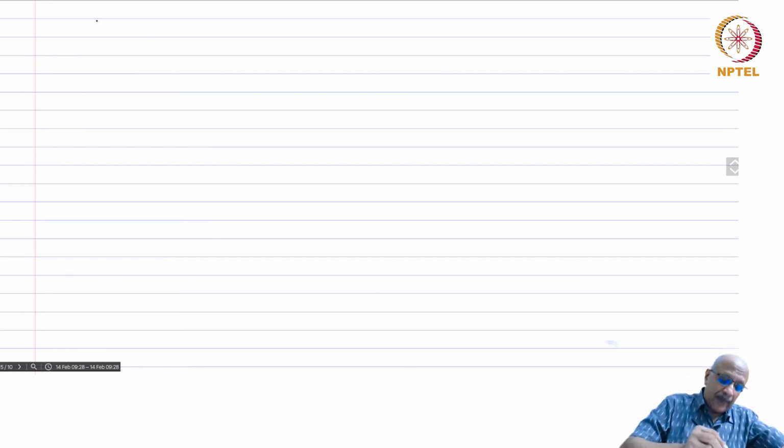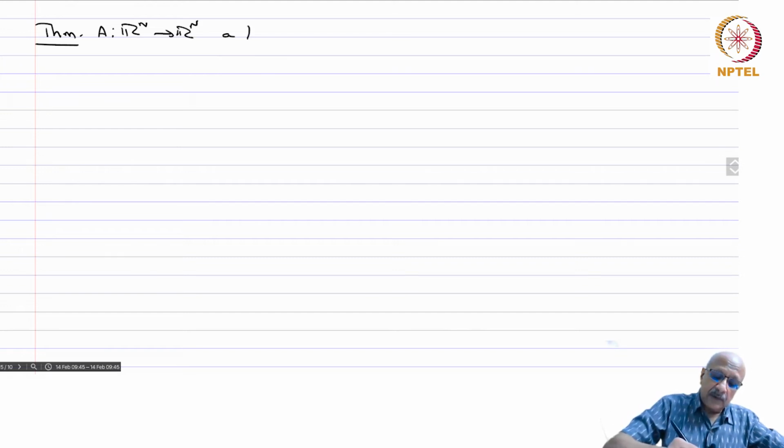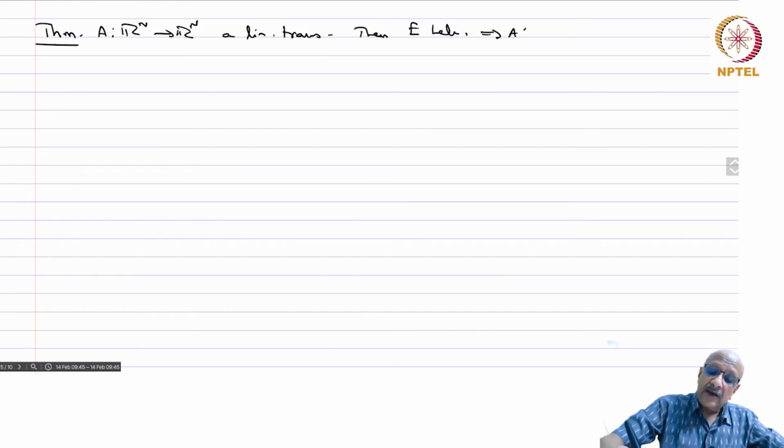So let us apply this to a very nice result. Theorem: A from Rn to Rn, a linear transformation. Then E Lebesgue implies AE is Lebesgue.